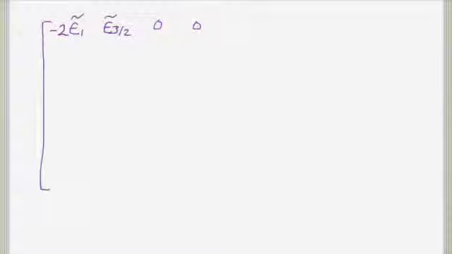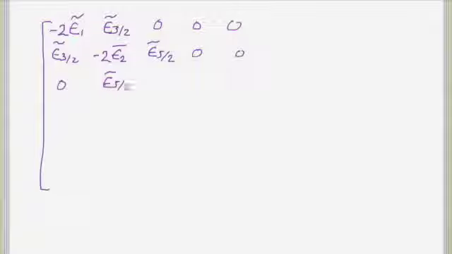Then an epsilon 3/2, minus 2 epsilon 2 tilde, and epsilon 5/2, then all zeros. Then a 0 and your epsilon tilde, which is going to be 5/2, and then minus 2 epsilon 3 tilde and epsilon 7/2, 0, etc., etc.